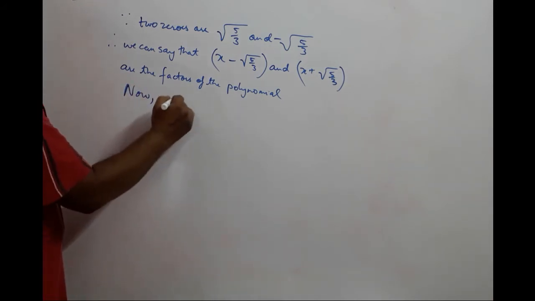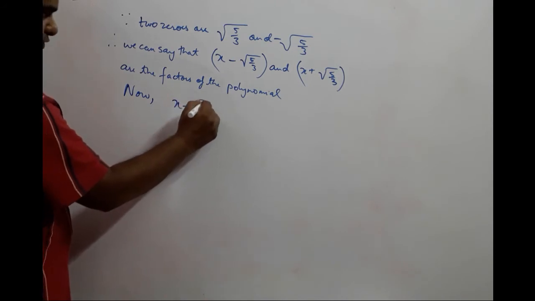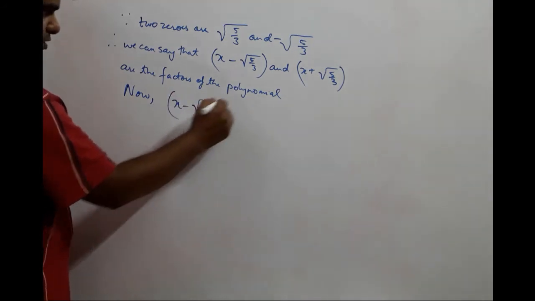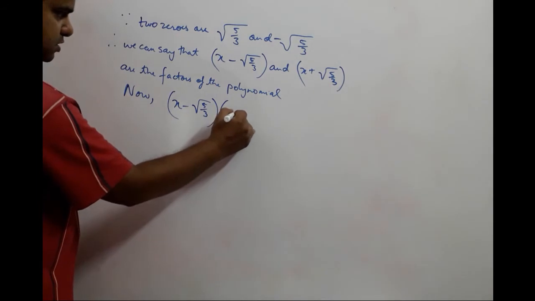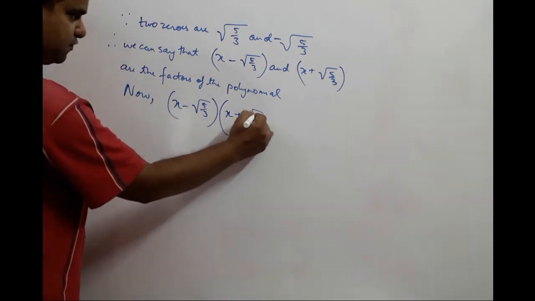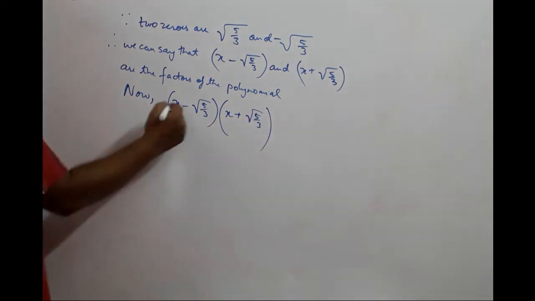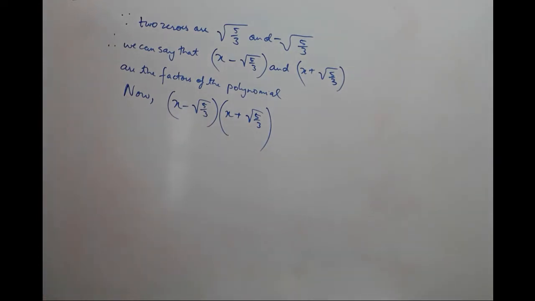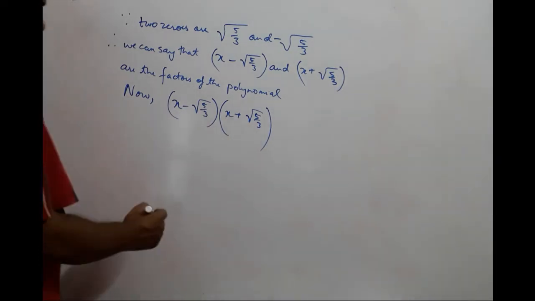Now we can say that x minus square root of 5 upon 3 into x plus square root of 5 upon 3. Obviously these are factors, so we can multiply them. What do we get upon multiplication?